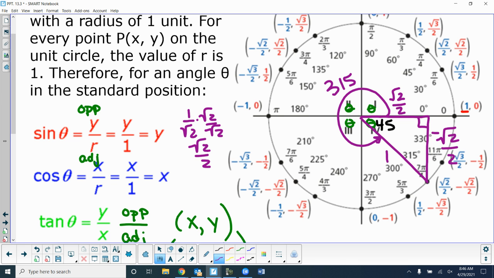Okay? Now, if I asked you for sine, you would do opposite over hypotenuse. So, Grace, what's negative radical 2 over 2 divided by 1? Same number, right? So the sine of that is negative radical 2 over 2.